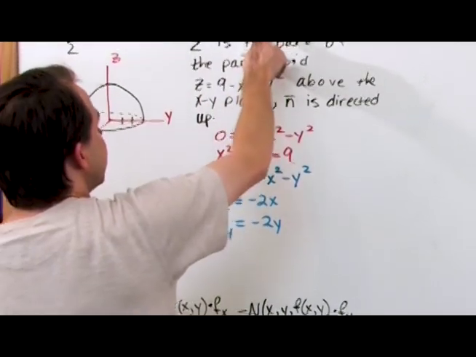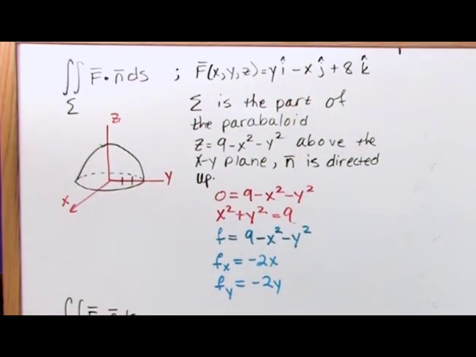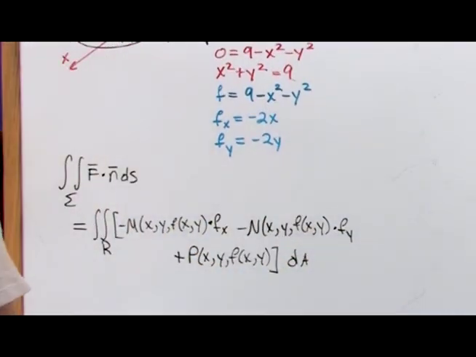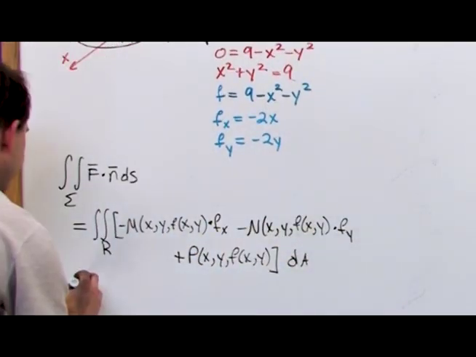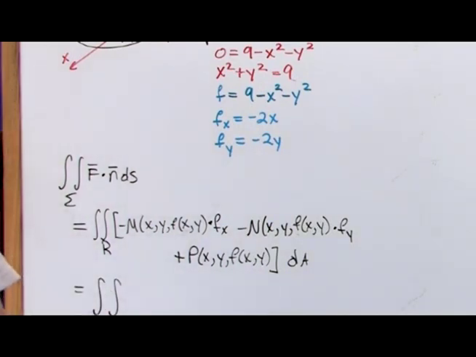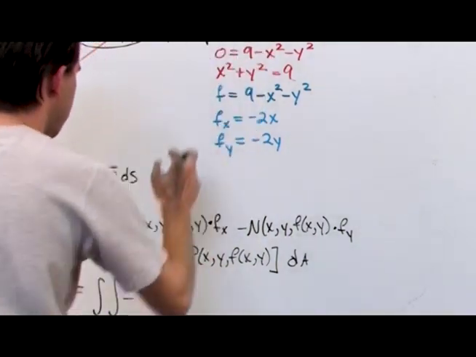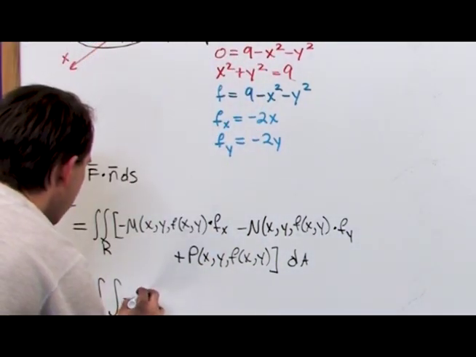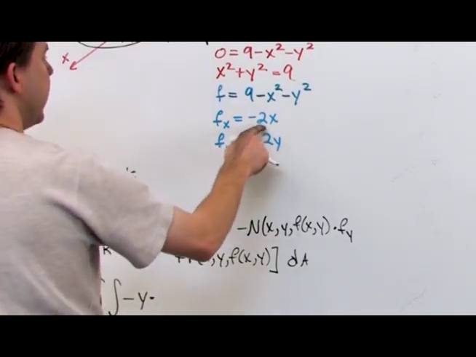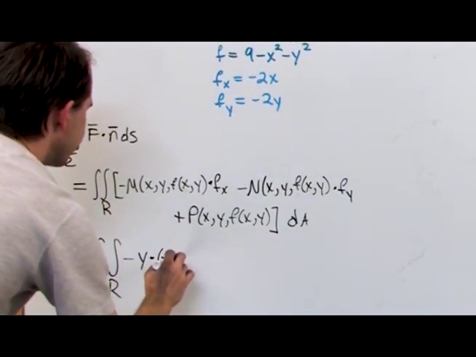So what are M, N, and P? M is given by this, N is given by this, and P is given by this. And I know what I've calculated for f sub x and f sub y, so I really know everything I need to set this integral up. So it's the double integral over the region R; we'll worry about that later. Negative M. M is the coefficient in front of i, so you have y times the partial derivative of f with respect to x, which is negative 2x.